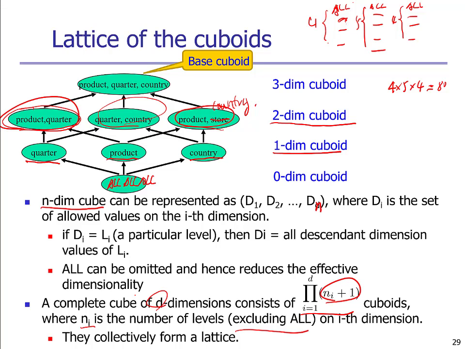So again, remember the cuboid corresponds to a specific level on each dimension. Then you have a data cuboid. And all the possible data cuboids form the data cube. However, in the textbook and in these slides, sometimes we refer to a data cuboid as a data cube as well. And in fact, in most cases, when we talk about data cube, we actually mean a data cuboid.